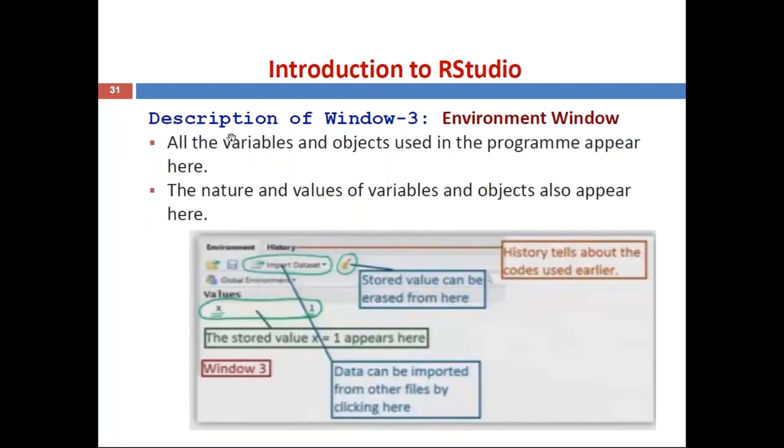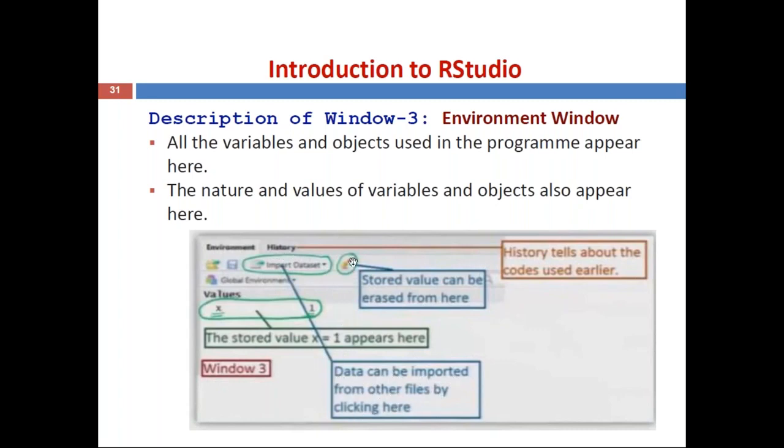Then coming to window 3, the environment window. Here all the variables and objects used in the program appear, along with their nature, the type and values of the objects and variables. When you click here, the import dataset option is there, so data can be imported from other files.